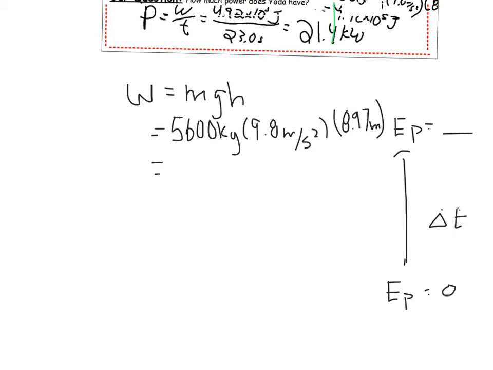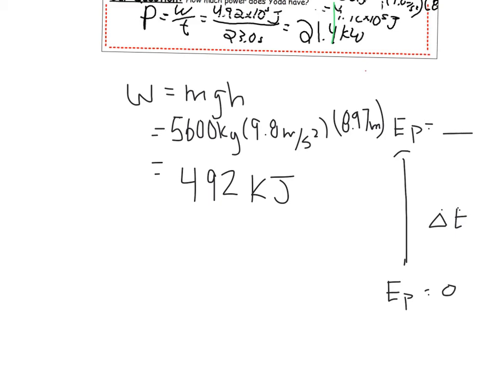So 5,600 times 9.8 times 8.97 is 492 kilojoules, or times 10 to the 3 joules.